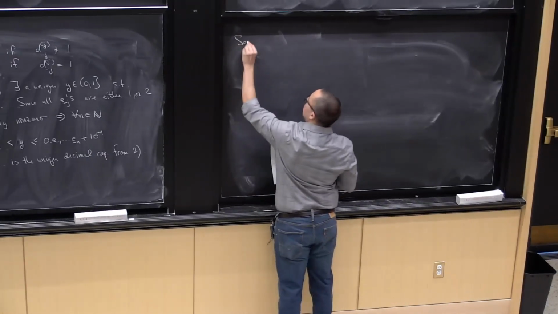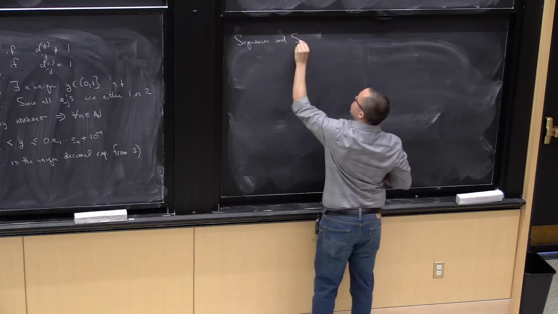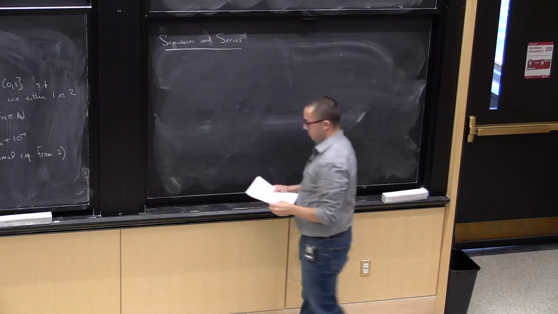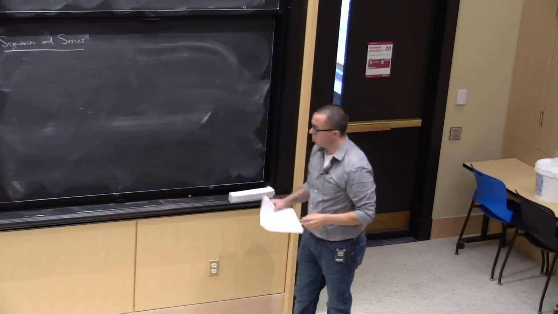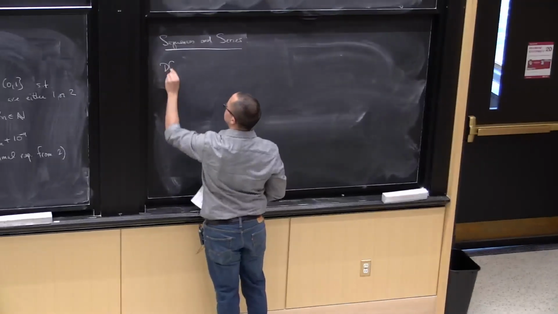So now we're moving on to sequences and series. Okay, so what is the precise definition of a sequence of real numbers?